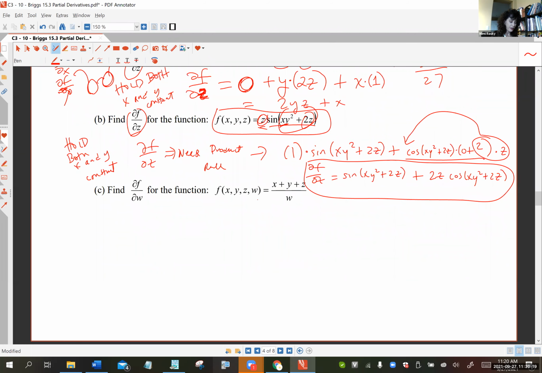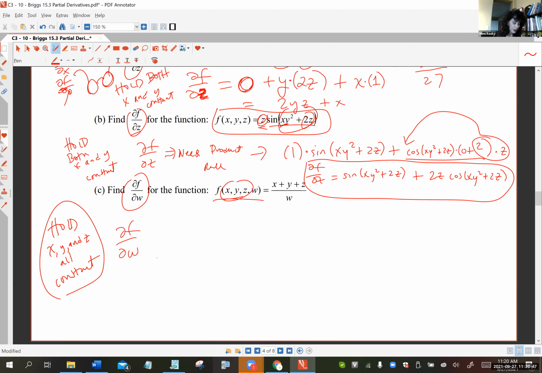Now let's do a function of 4 variables, which would need 5 dimensions if you had to see the graph, but nobody's asking us for the graph. That's good. They just want a partial derivative. What partial derivative? DFDW. So when we get DFDW, that means we're going to have to put on a real powerful set of glasses, because we're going to hold x, y, and z all constant.